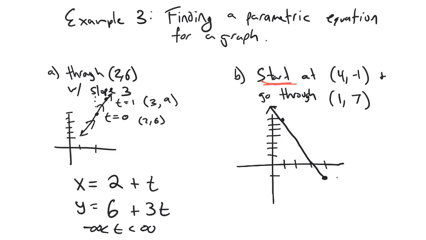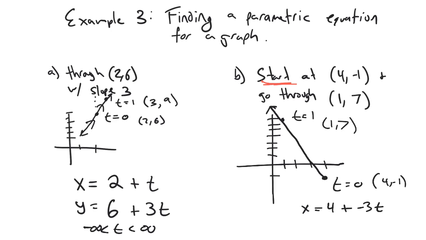And we're going to do the same thing, though. We're going to call this initial point t equals 0, that next point t equals 1, right? 4, negative 1, 1 comma 7, and we can write the equation the same way. X equals, first x value is 4 plus, and we go down 3. My x value went from 4 to 1, so negative 3t.